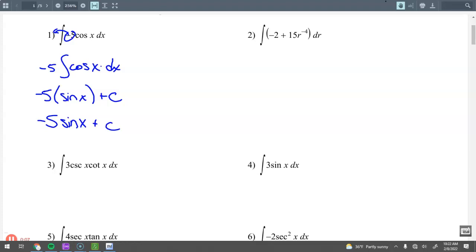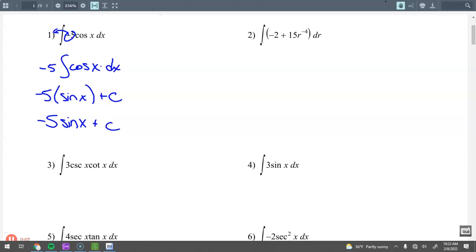So that's in a perfect form. I don't have to worry about bringing a variable up or a rational root radical power thingy.